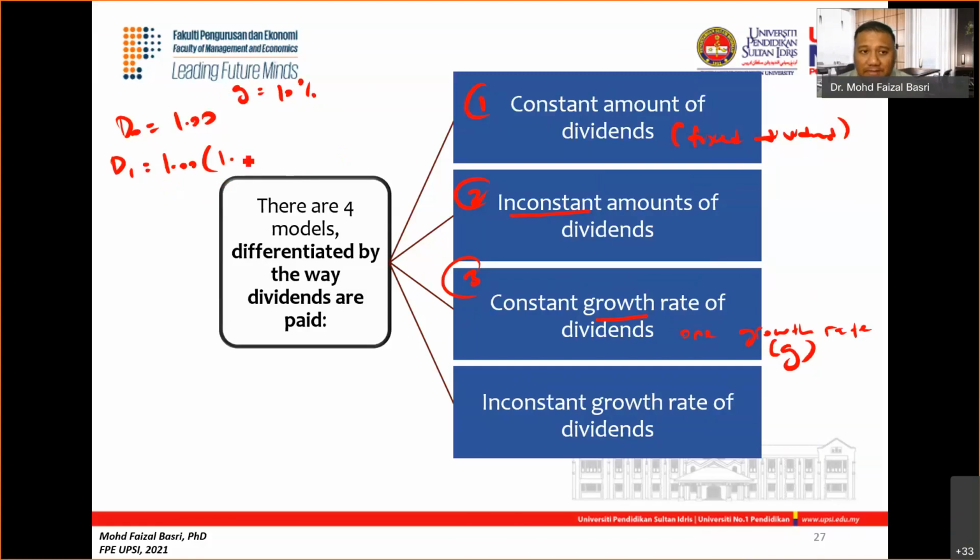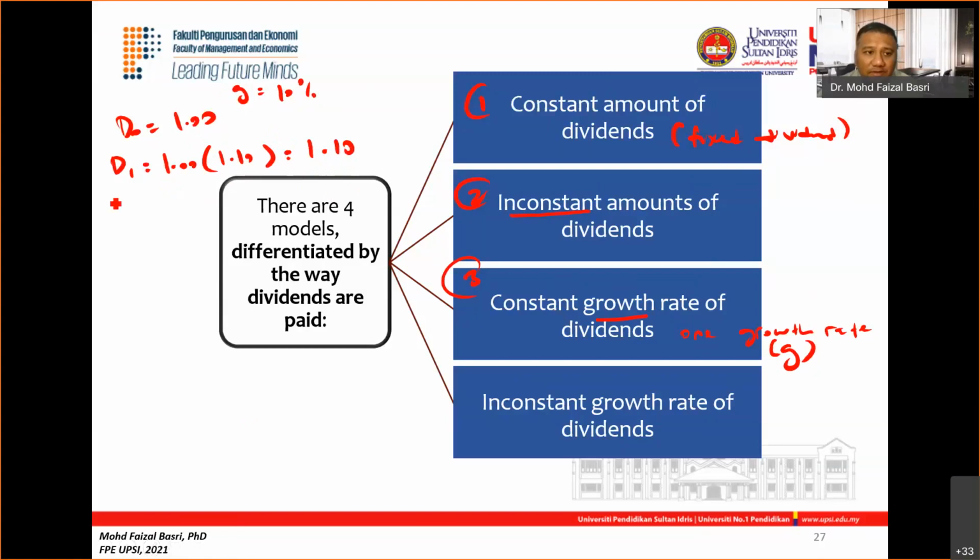So next year the dividend will be RM1.10. Today the dividend is RM1, next year it's gonna be RM1.10. And we're gonna assume this growth rate will remain constant, 10% every year.